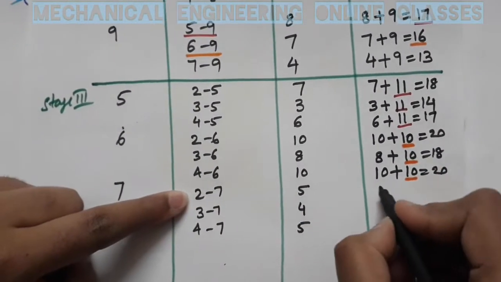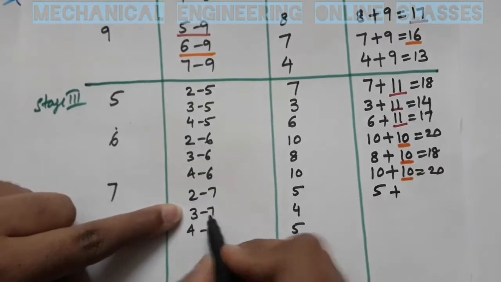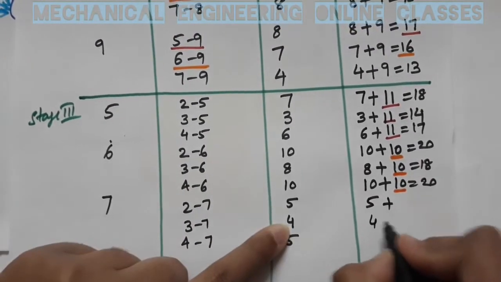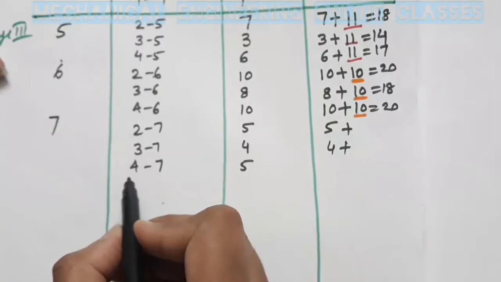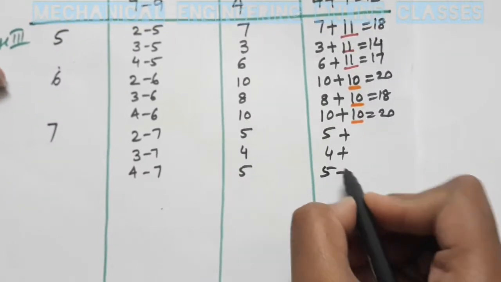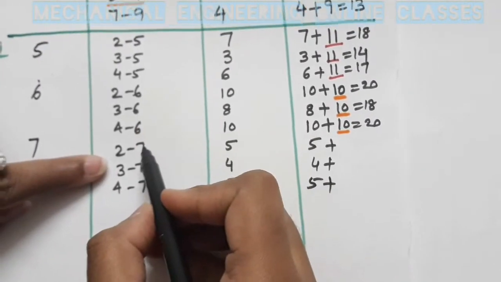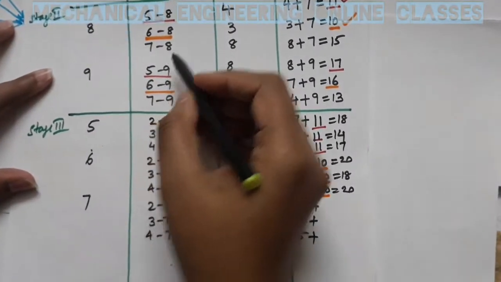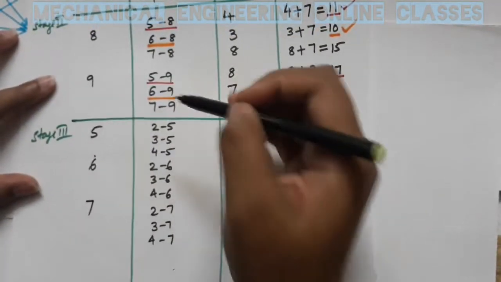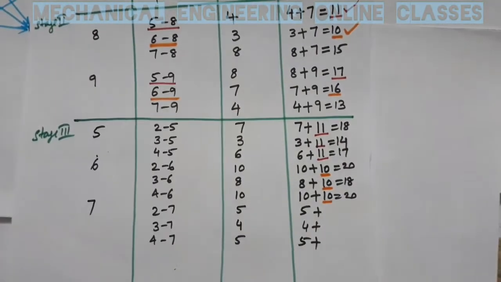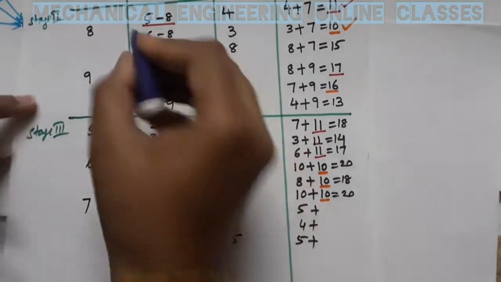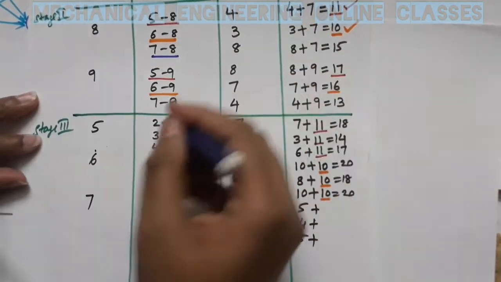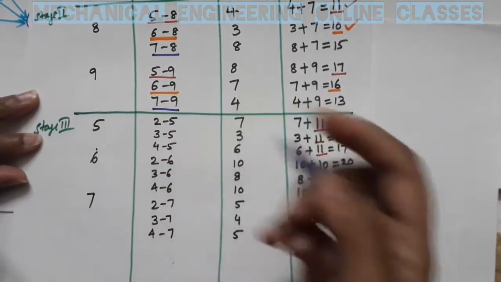2 to 7, this is 5 plus, 3 to 7 is 4 plus, and 4 to 7 is 5 plus. Now if I am going via 7 to 10, I have to check the total distances. So from 7 I can go to 8 and then 10, or from 7 I can go to 9 and then to 10.